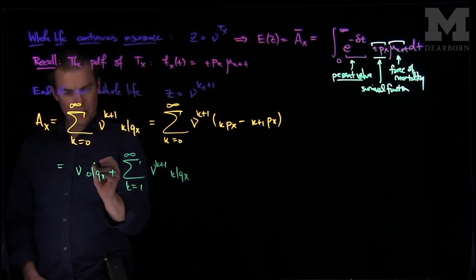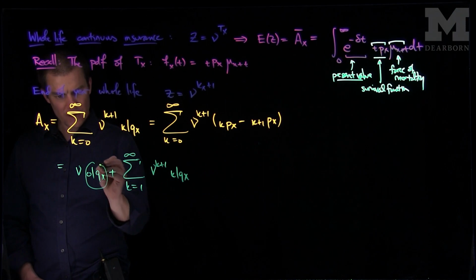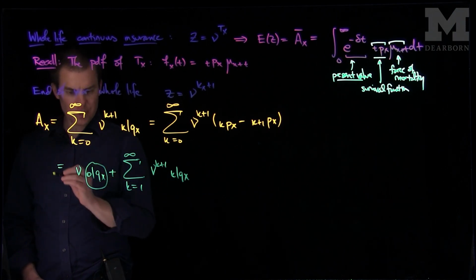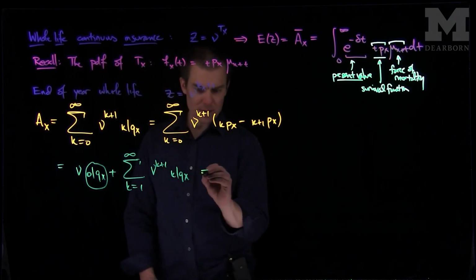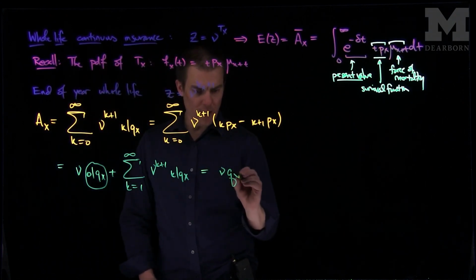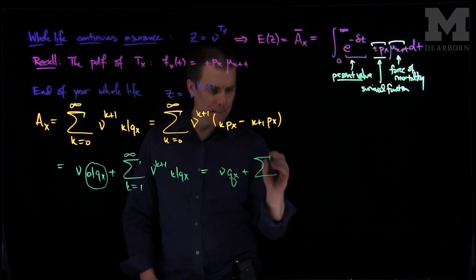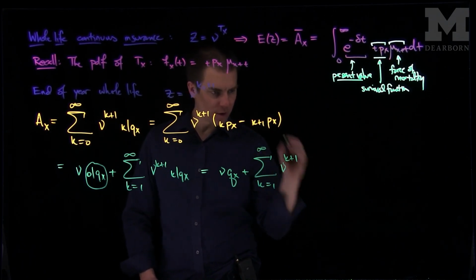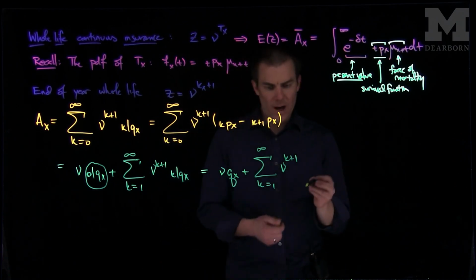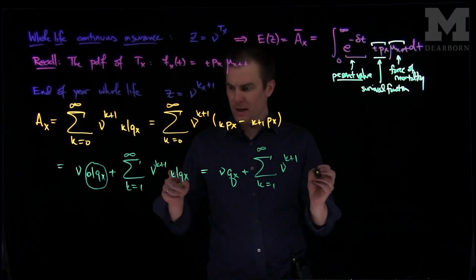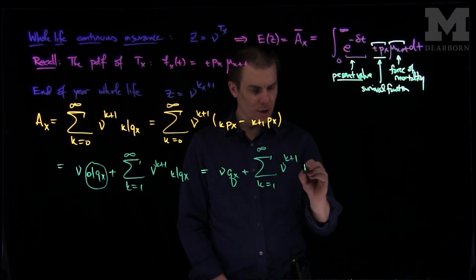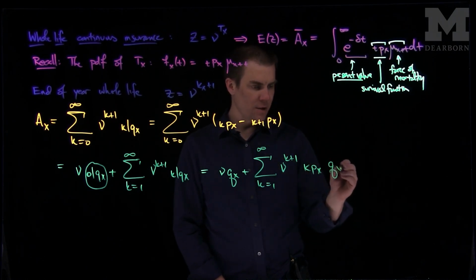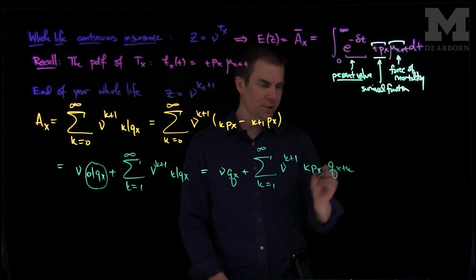Now, this probability is the probability that a person age x survives 0 years and then dies the next year, so that's just plain old q_x. So this is v q_x plus the sum, k goes from 1 to infinity of v to the k plus 1. And then we'll write this in terms of other survivorships: you survive for k years, and then you are age x plus k, and you die in that next year.